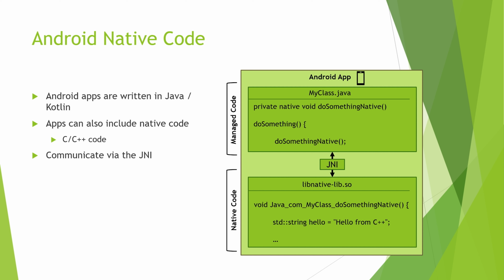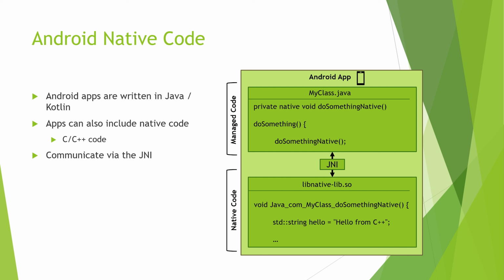So we have our normal doSomething method, and that method is actually calling doSomethingNative. And doSomethingNative is implemented in C++ code. If you look on the bottom there, lib_native_lib.so is going to contain our native C++ code, where this doSomethingNative method is actually defined. And this is going to be communicating back to our original Java class via the Java native interface.